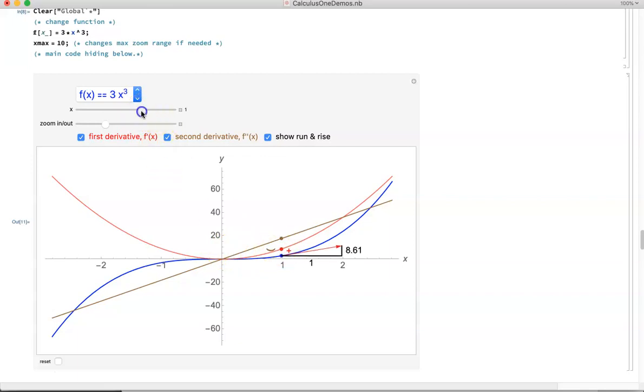But as you move to different values of x, the tangent line to the red graph is going to be changing slope. And that is what this second derivative graph, the straight line, is showing you: as you change values of x, the red graph has a tangent line that is actually changing its slope.